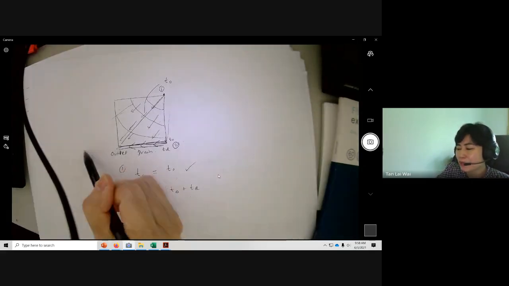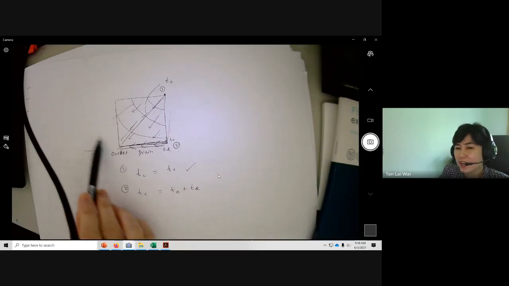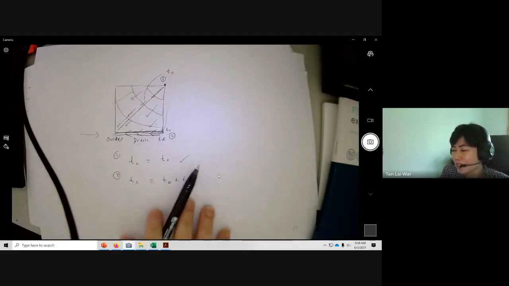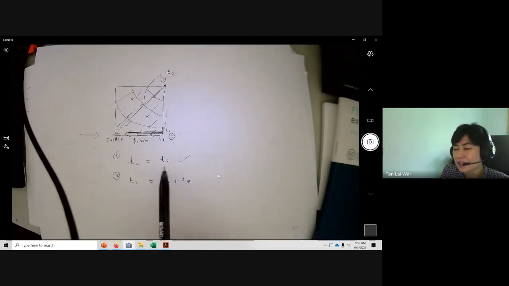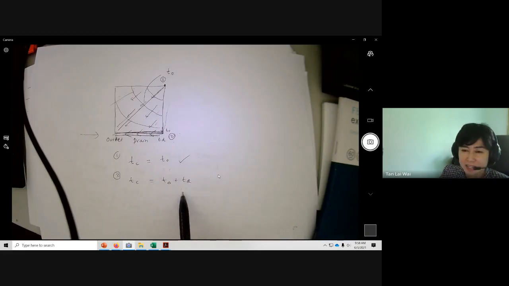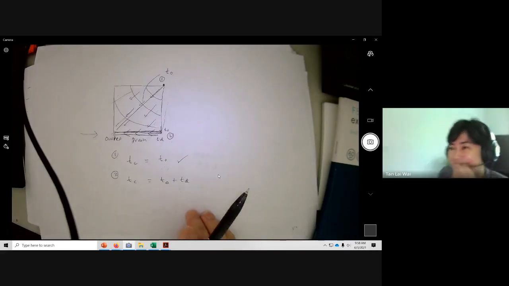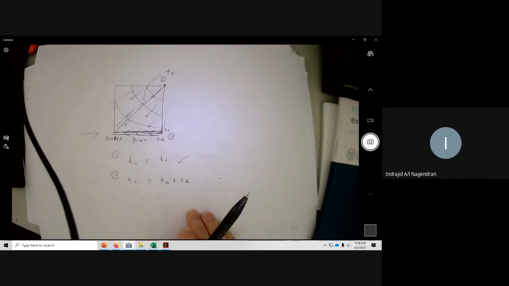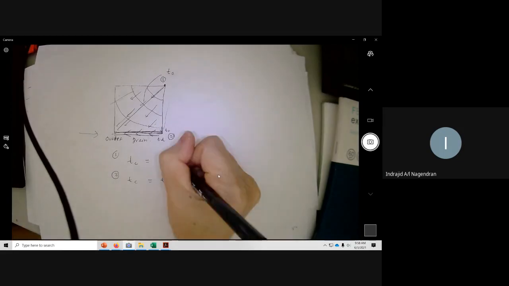Drain ni purpose-nya untuk ambil aliran daripada atas. So kemungkinan tak akan ada T naught, mungkin hanya TD sahaja. Faham tak? So doktor, yang T0 tu based on dia punya cross section ke?